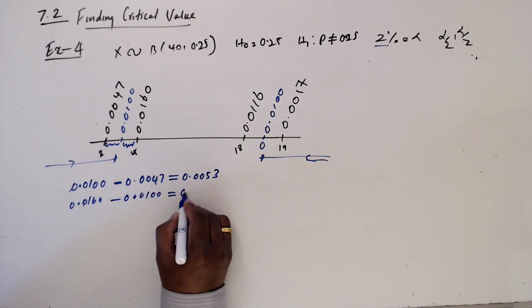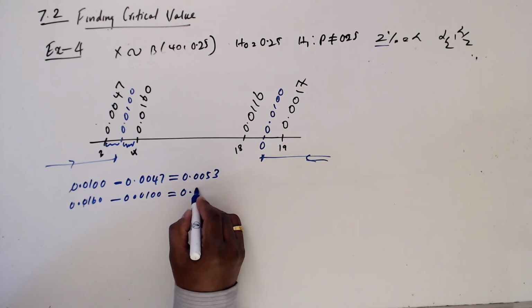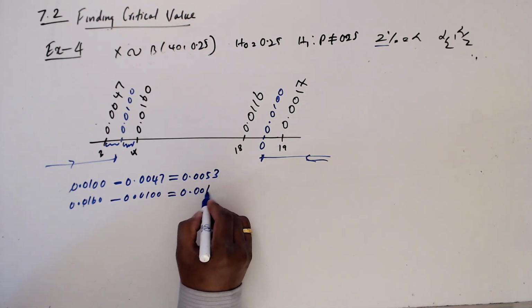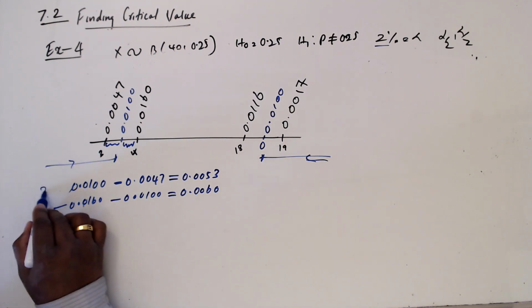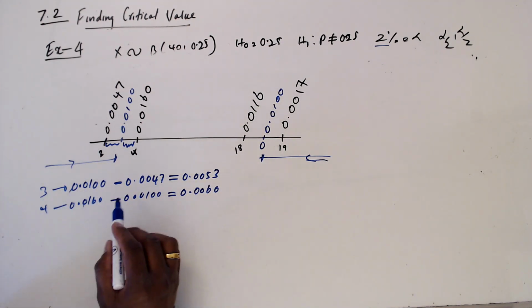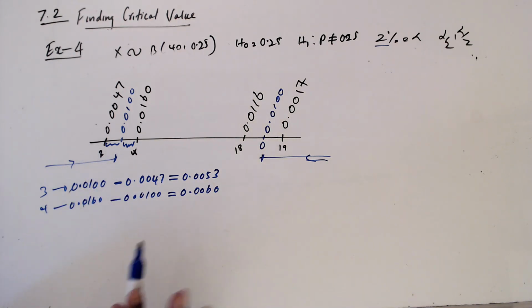So what is this? It is going to be 0.0060. Now this is the fourth value, this is the third value. Now the third value is much closer.